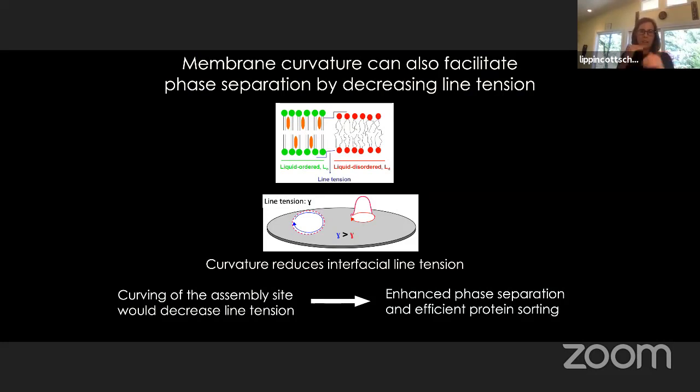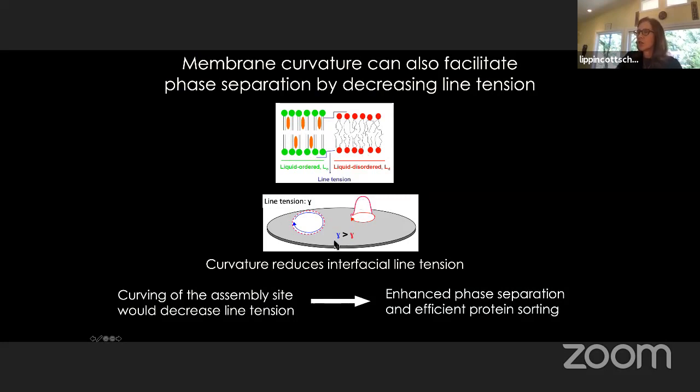The GAG has an inherent curvature that leads to budding out of the viral membrane platform. Now we know that when liquid ordered lipids and disordered lipids phase separate, you have what's called line tension segregating these different domains.